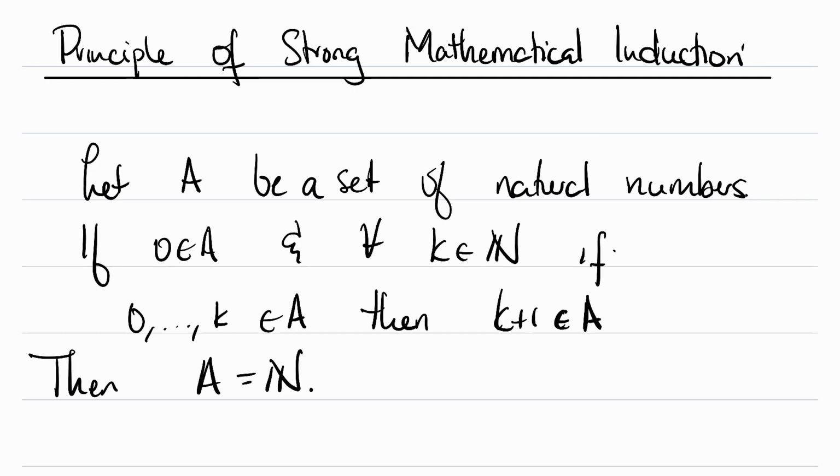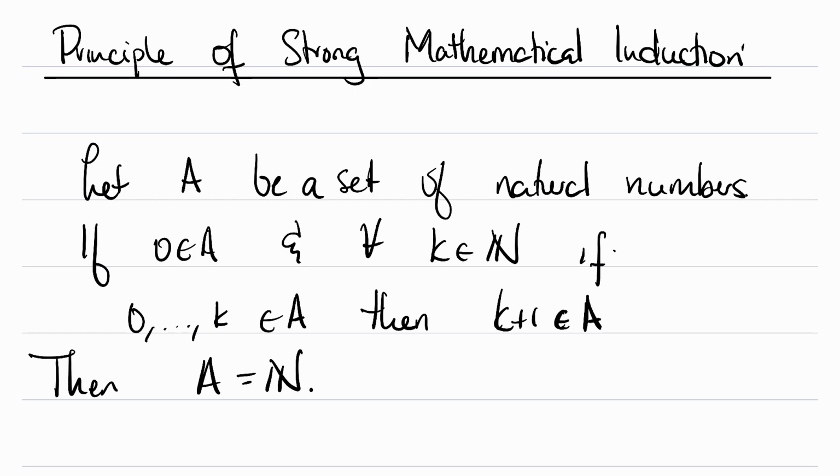The difference between strong and weak induction, in essence, is what you're assuming in your inductive hypothesis. If you're assuming that the statement holds for k and then using that to prove it holds for k plus 1, then you're doing weak induction. If you're assuming that the statement holds for 0 all the way up to k, and then proving that it holds for k plus 1, then you're doing strong induction.